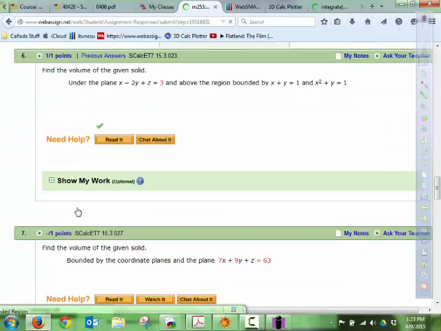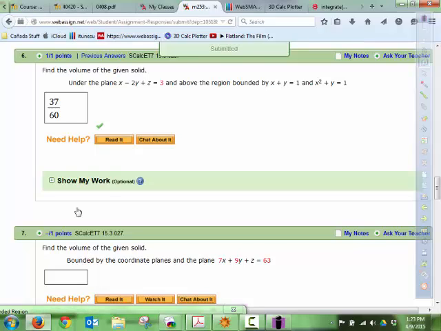Okay, looks good. Let's move on. Is there anything else that we should talk about double integrals before we move on?